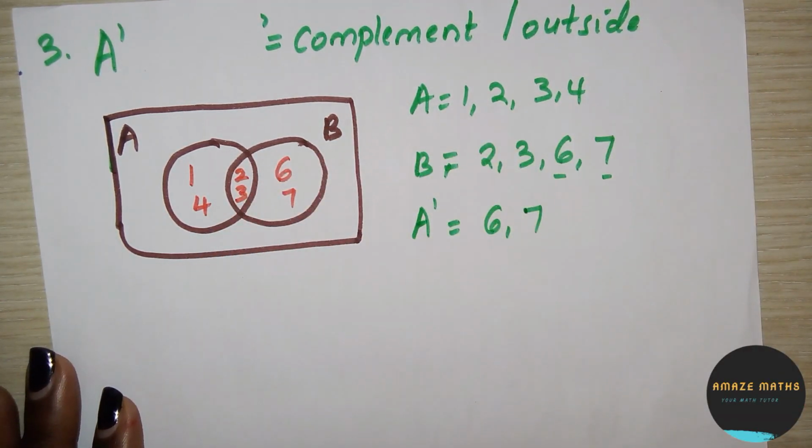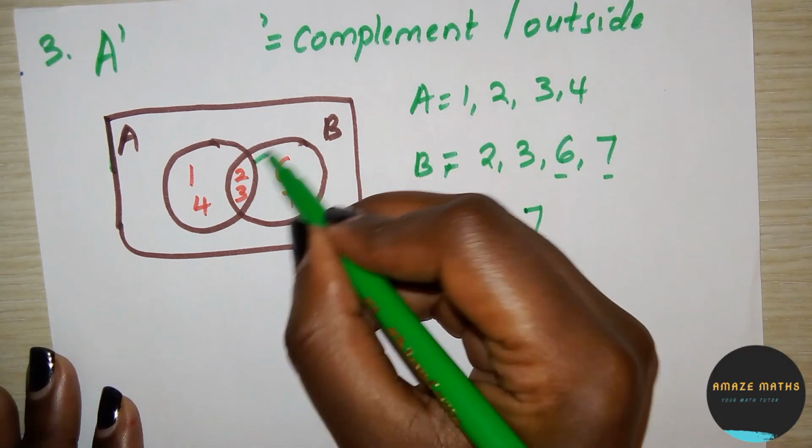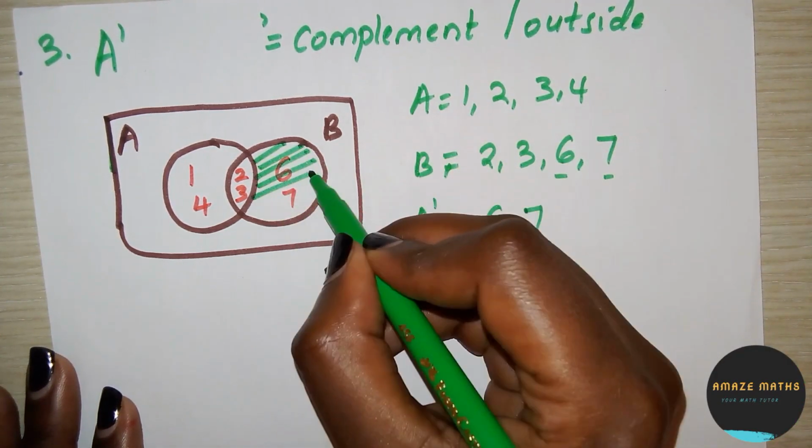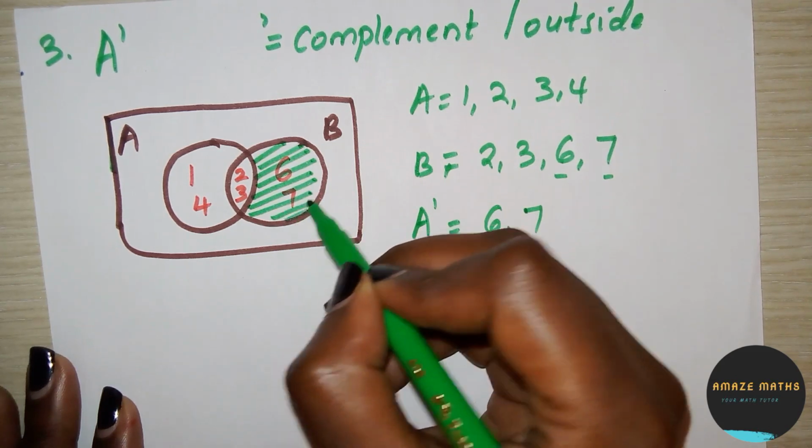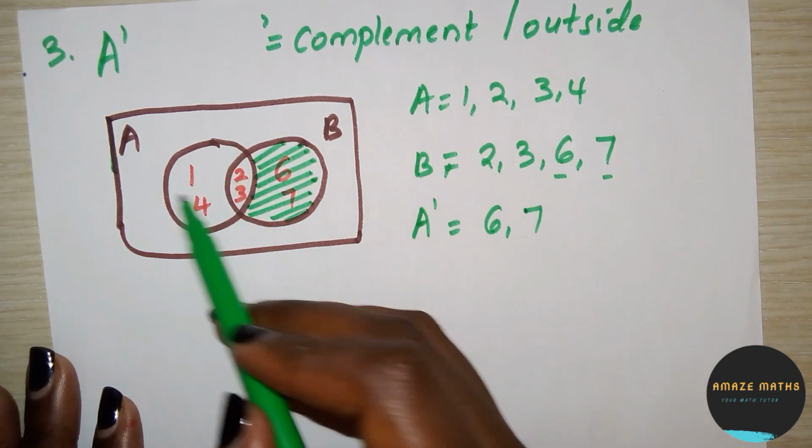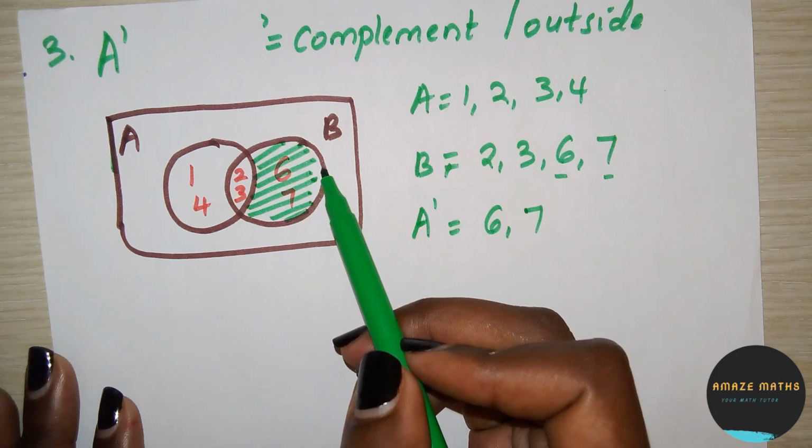When you're shading it out, 6 and 7 is outside, so don't shade anything inside of A. You want anything outside of it.